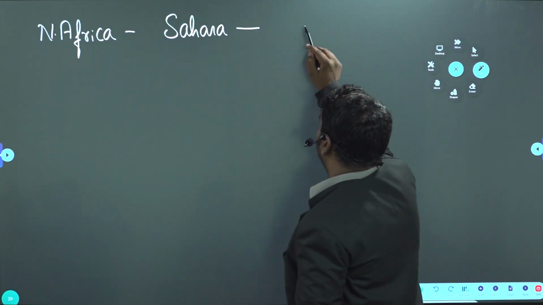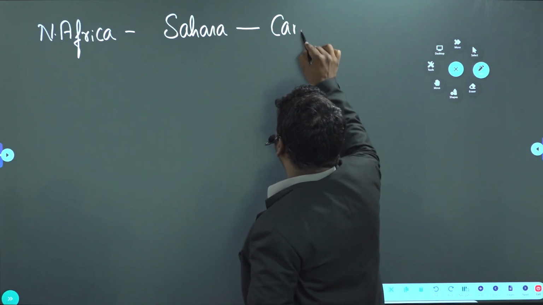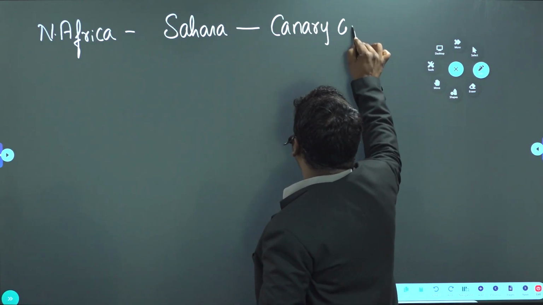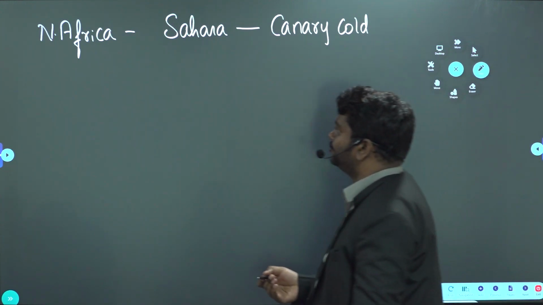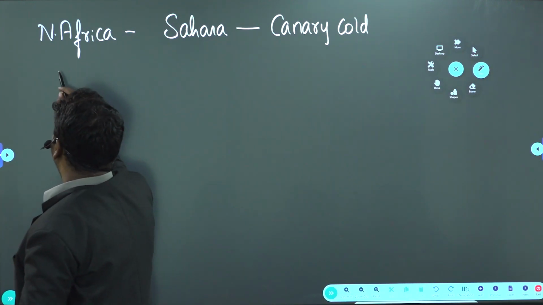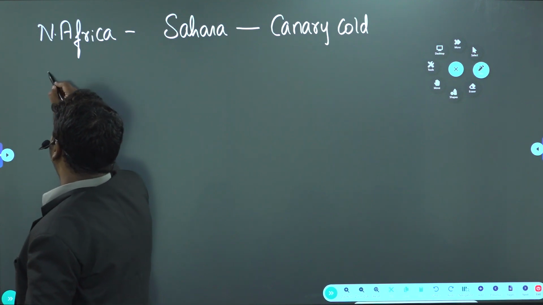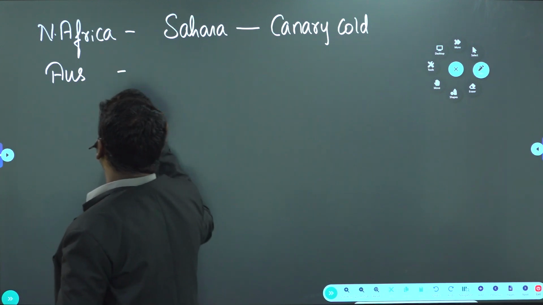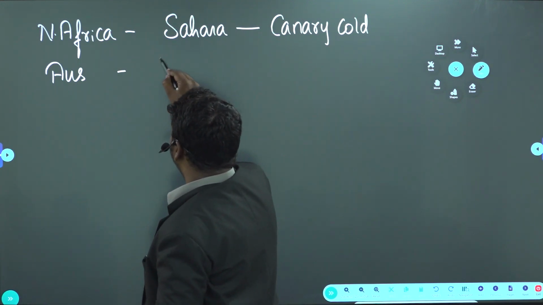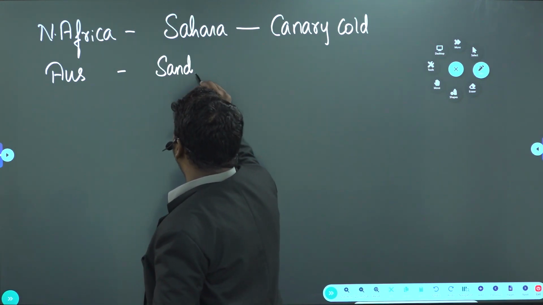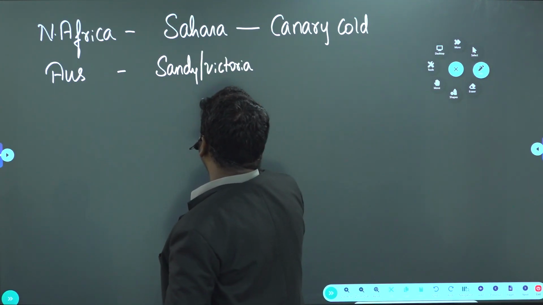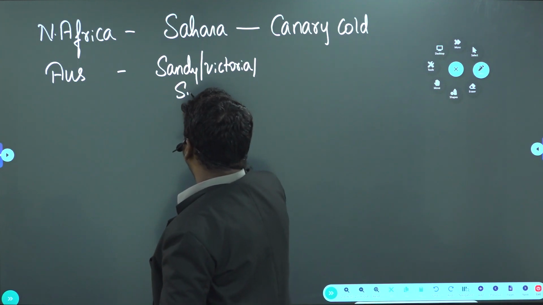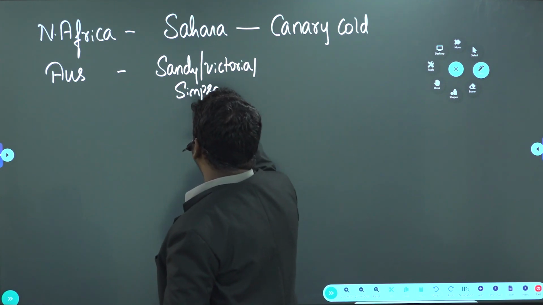Sahara Desert. Canary cold current. Next, guys. Australia. Sandy Desert, Victoria Desert, Simpson.